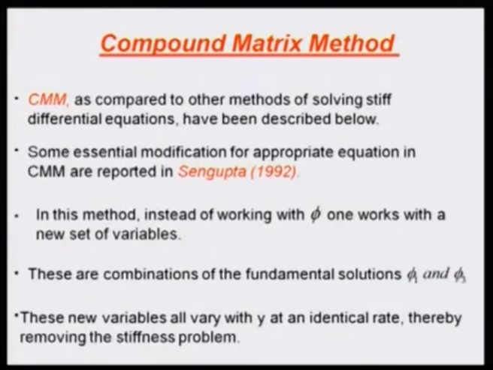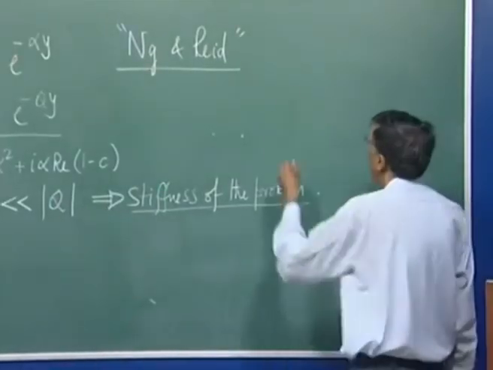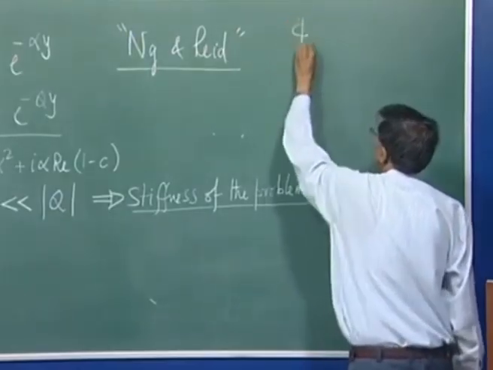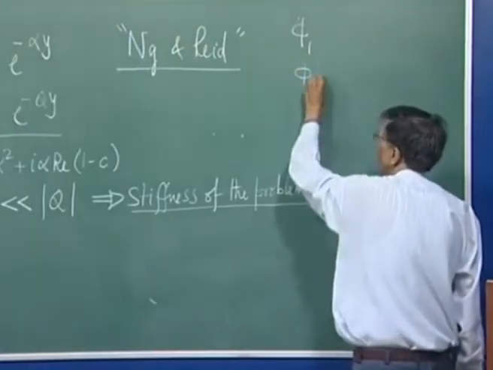Now, I have talked about, in the context of solving this Orr-Sommerfeld equation, that it is a fourth order equation. So, if I say I have a solution for phi 1, what am I talking about? I know phi 1, I also know phi 1 prime.